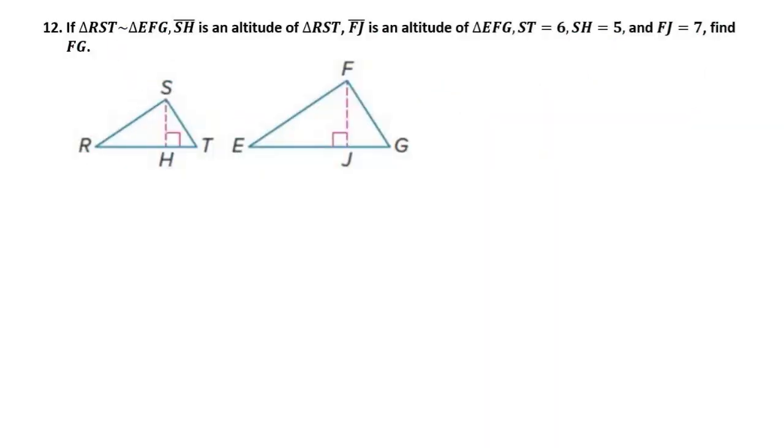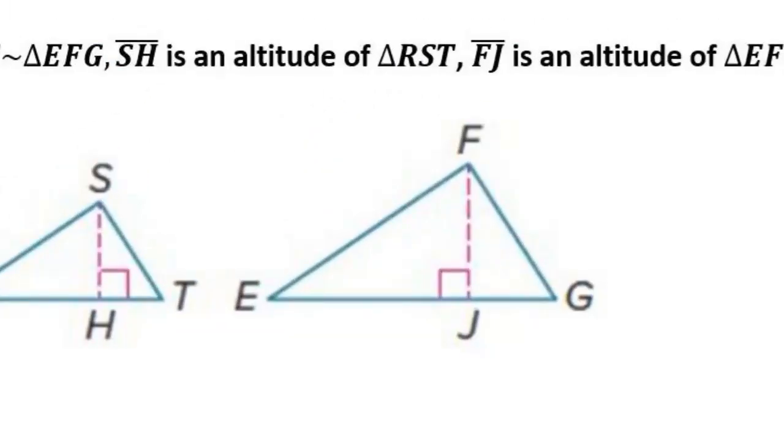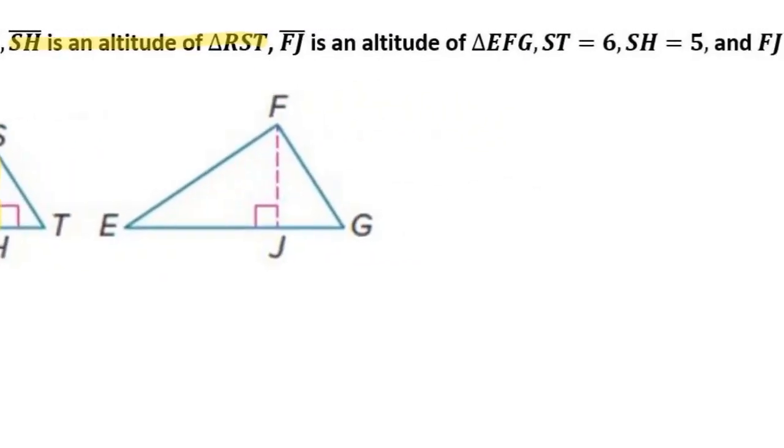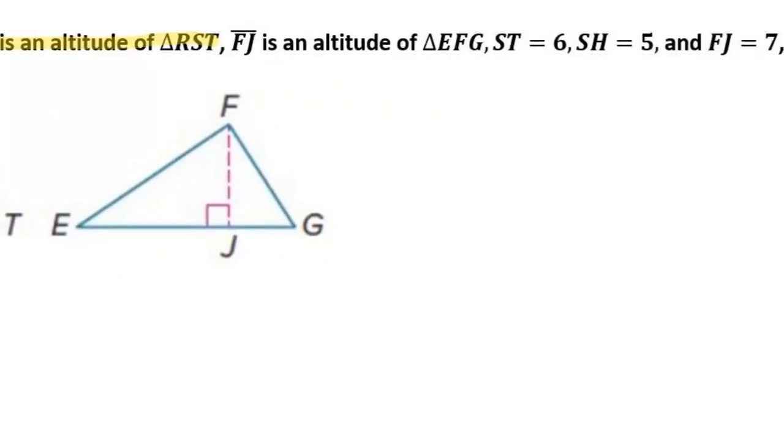There we go. If triangle RST is similar to triangle EFG, SH is an altitude of triangle RST. So this is an altitude right here. And FJ is an altitude of triangle EFG. So this would be an altitude right here.